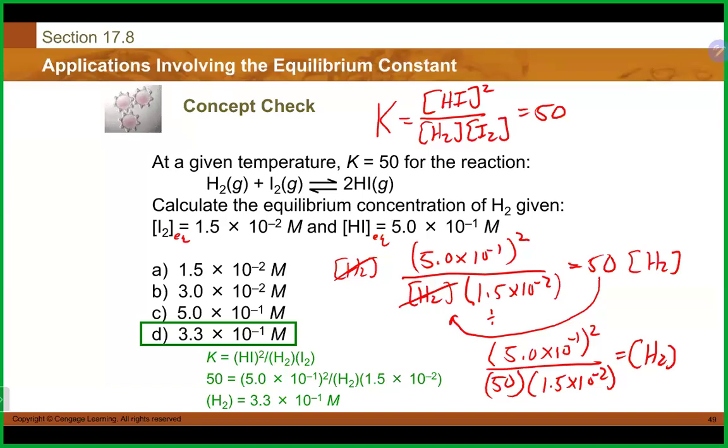Squared, divided by 50, and divided by 1.5 times 10 to the minus 2. It's going to give us 3.3 times 10 to the minus 1. So in this case, if you do know the other equilibrium concentrations, you can figure out a missing equilibrium concentration. Any questions on that calculation there?